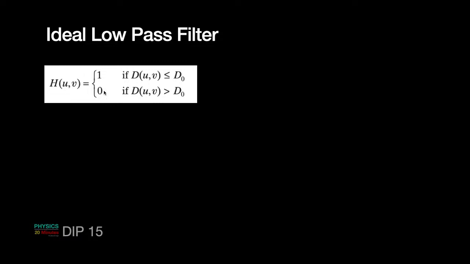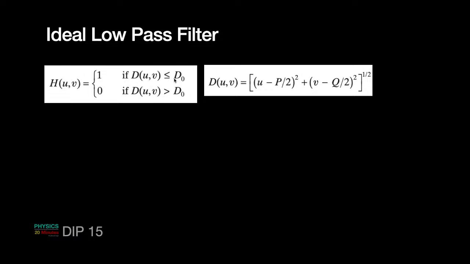So you delete all the values beyond a particular distance D0 from the center and retain all the values which are within the distance D0. This will form an ideal low pass filter. As I said, D is a Euclidean distance. We have already learned this long back.